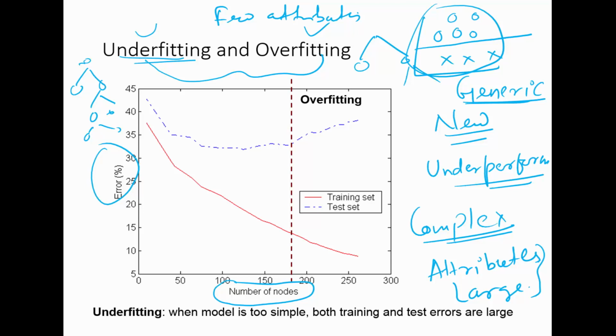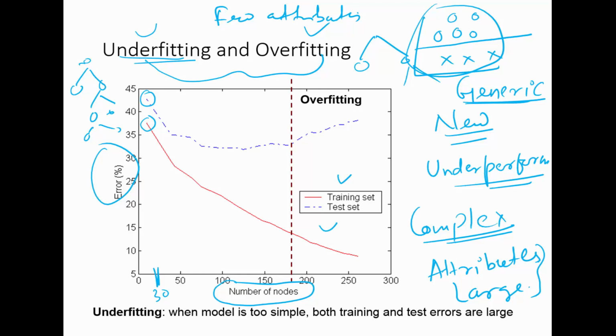If you have a very simple model with a very small number of nodes, look at this number, less than 30, then you will have a very high percentage of error, both in training data and test data. By the way, training data is something that we know for sure, something that we are using for building the model.